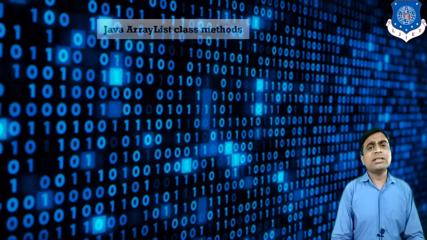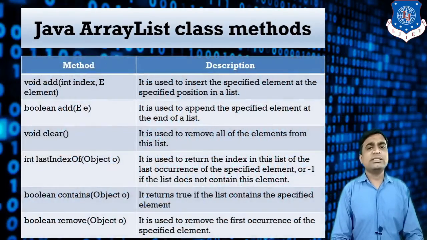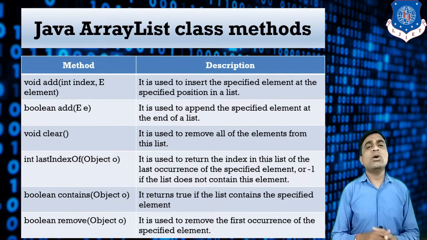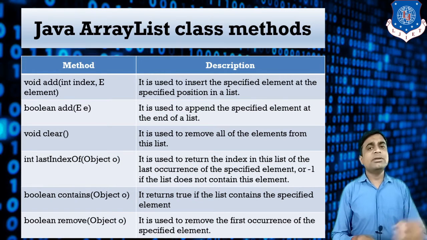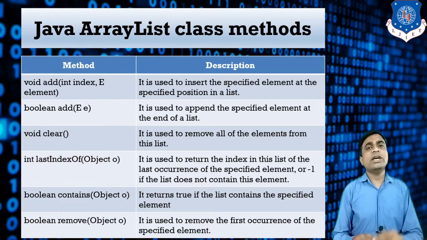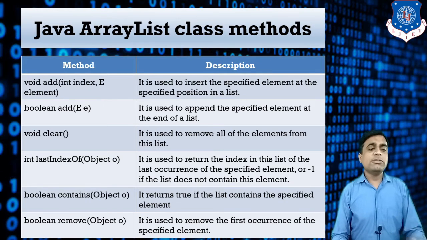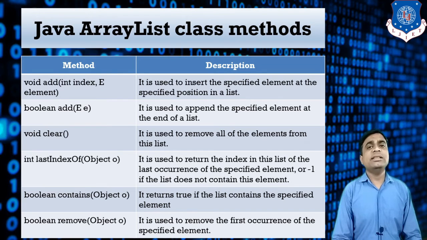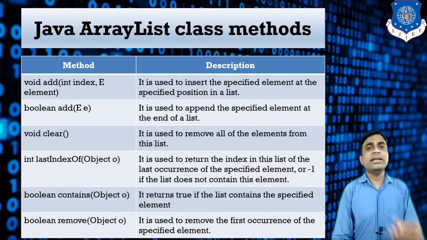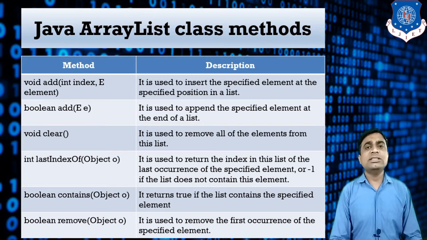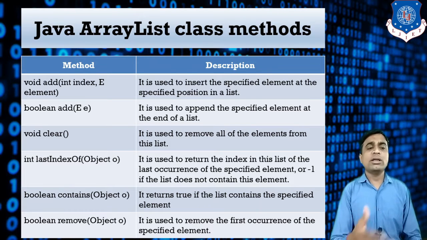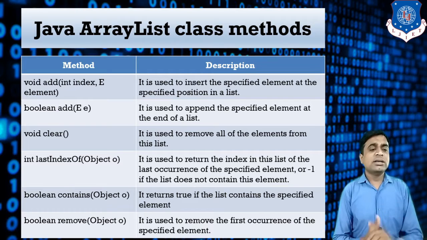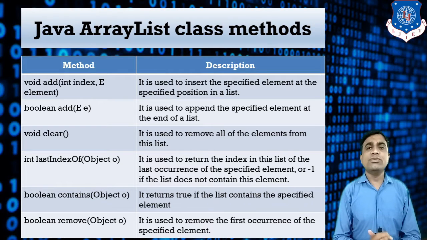There are some methods that we use in the array list class, and this is the list of the methods. Again, I am not displaying all these methods, but I am displaying some methods that we mostly use in programming. The first one is add. Suppose you want to add an element in the array list, then create the object of the array list, then write the object name dot add method, and in the method write the index and the element that you want to insert.